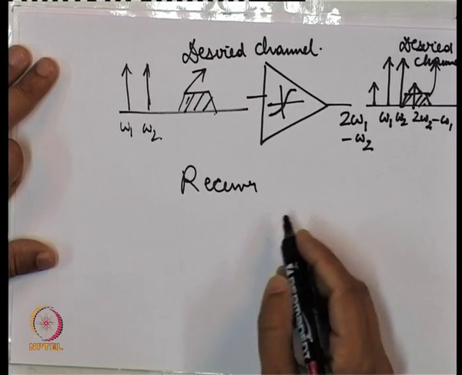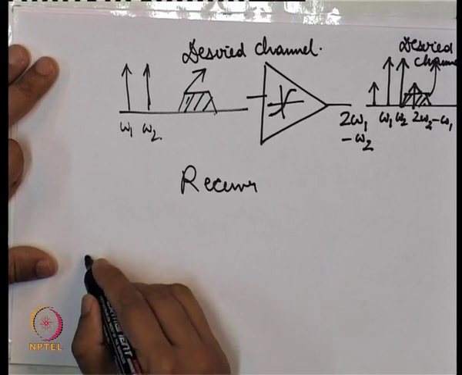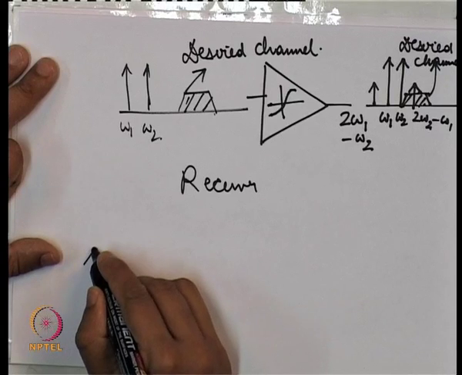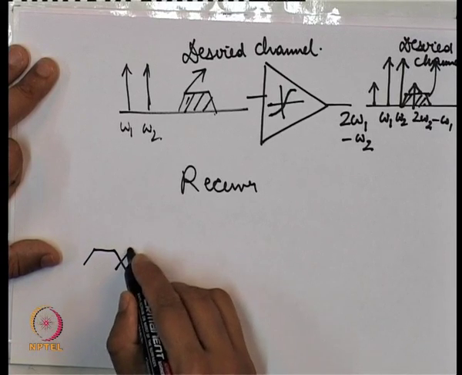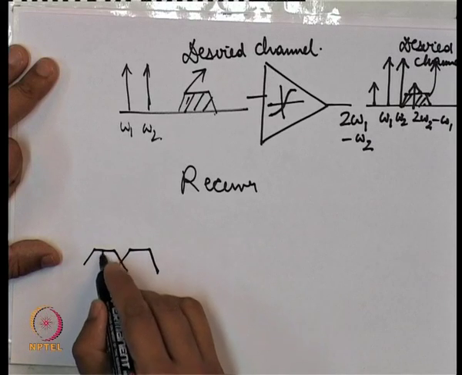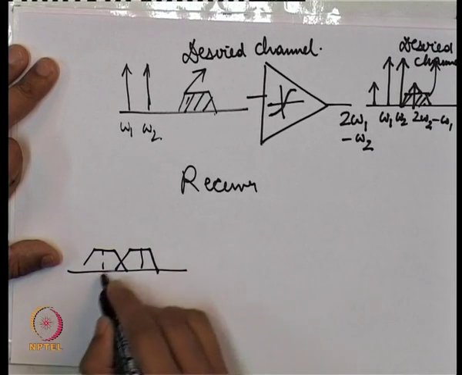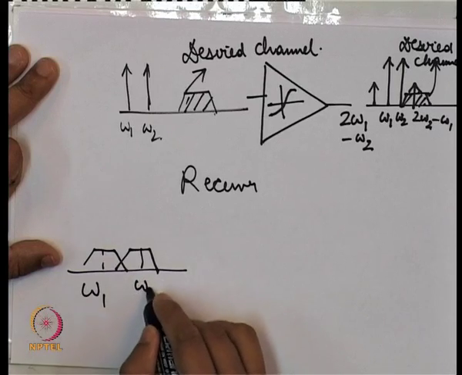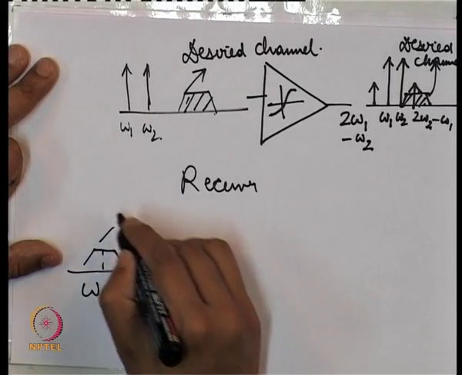The other scenario could be, especially at the transmitter side. Say we have two desired channels with center frequencies at omega 1 and omega 2 that we want to transmit.